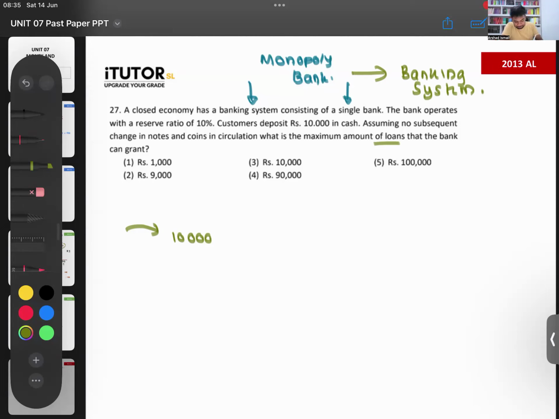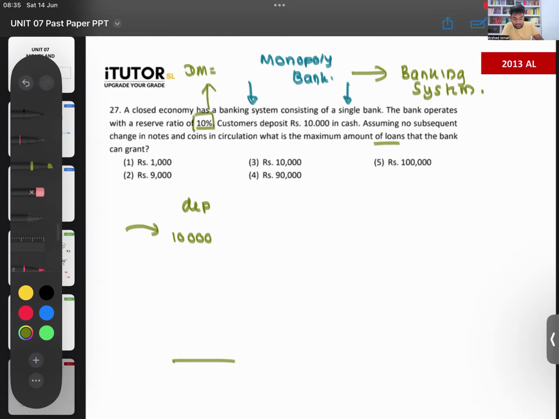So can you first tell me, because of this 10,000 deposit, now we think of this as a banking system, forget about the single bank story. How much will the total deposits in the banking system increase by? If your SRR is 10%, how much is your deposit multiplier?